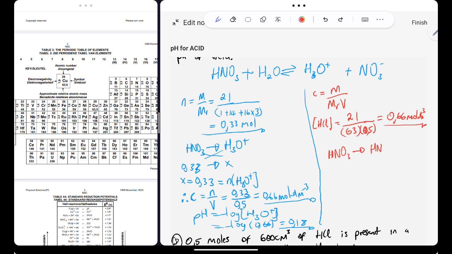Remember that this is a strong acid, so it ionizes completely. Since I know the concentration of the acid is 0.66, I have X there. So X, which represents the concentration of H3O+, is 0.66.